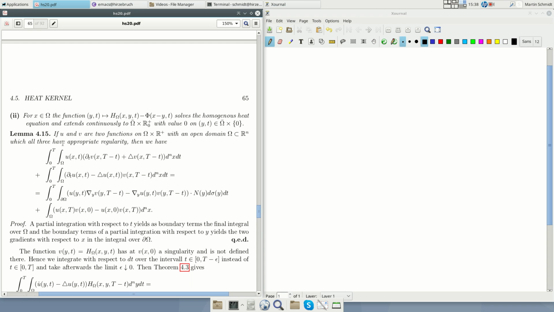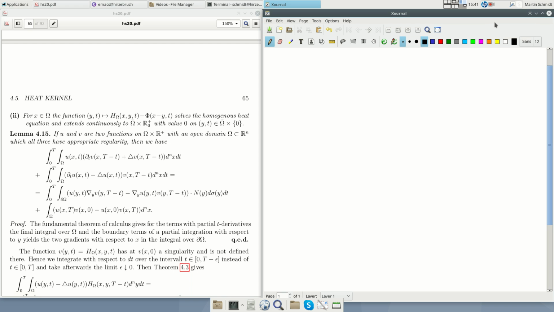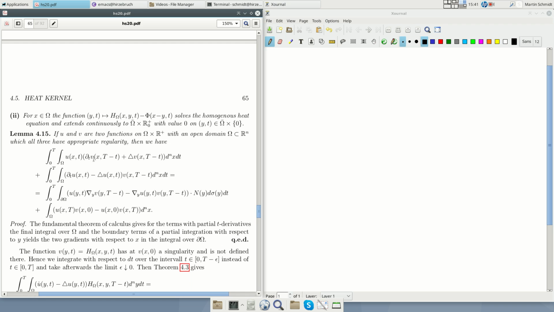Okay, now there's first a lemma, which is analogous to Green's representation theorem. Now, the proof is quite simple. Also, if we look at all the terms where we have t derivatives, so this product and this product, then by the Leibniz rule it's just an integral over the t derivative of this times this function here.